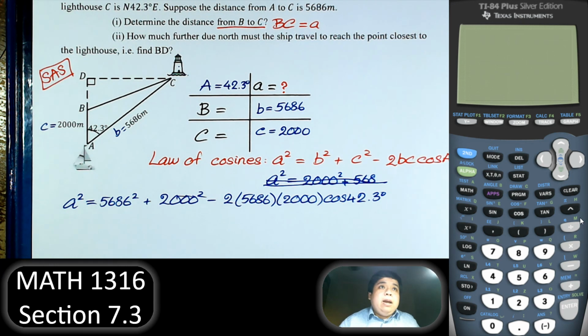Right? So just enter all of that. 5686 square plus 2,000 square minus 2 times 5686 times 2000 times cosine of 42.3.